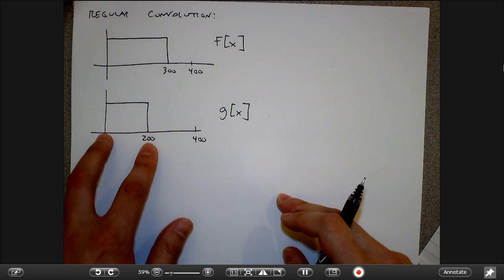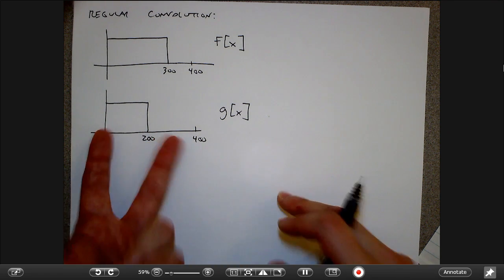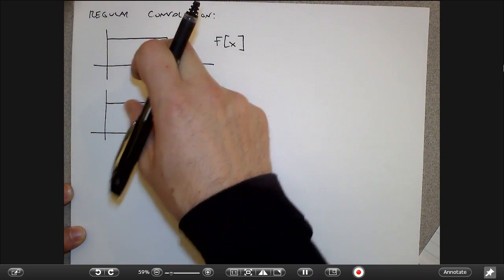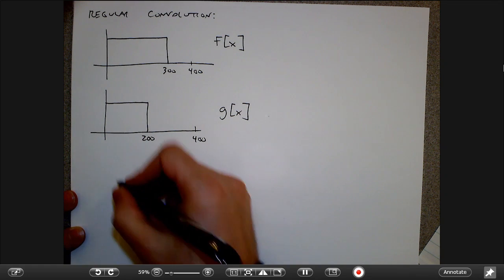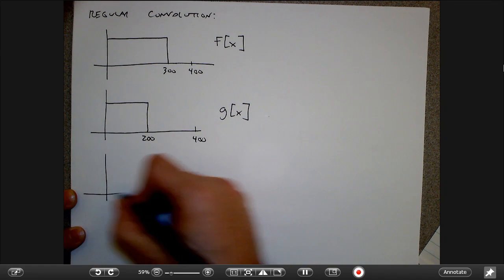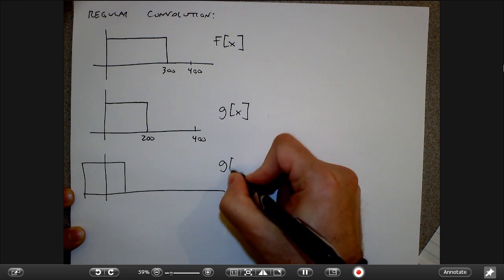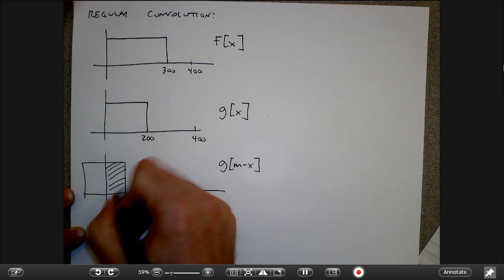The way I do that is I flip one of the signals over and I drag it across the other signal, and I plot the integral of this against the dragged signal at every instant to show the picture of the result, right? So if I were to flip this at some point, this is like my g of some offset minus x.